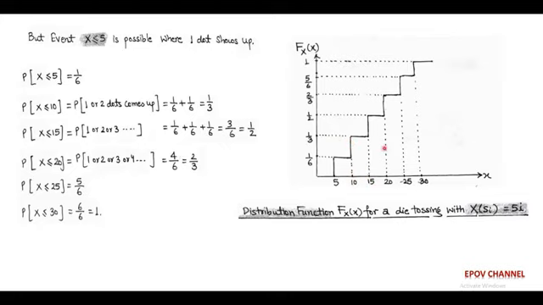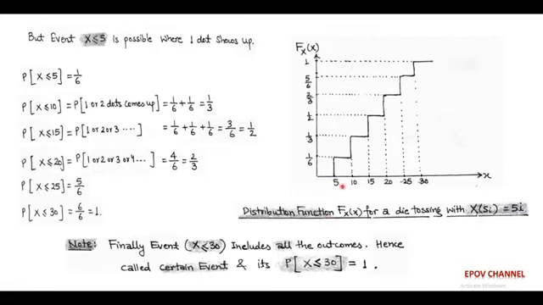And for 20, it is 2/3. For 25, it is 5/6. But for x equals 30, the cumulative distribution function is equal to 1. Which means the event X ≤ 30 includes all the possible outcomes of this random experiment, and its probability of occurrence is unity, hence called a certain event.